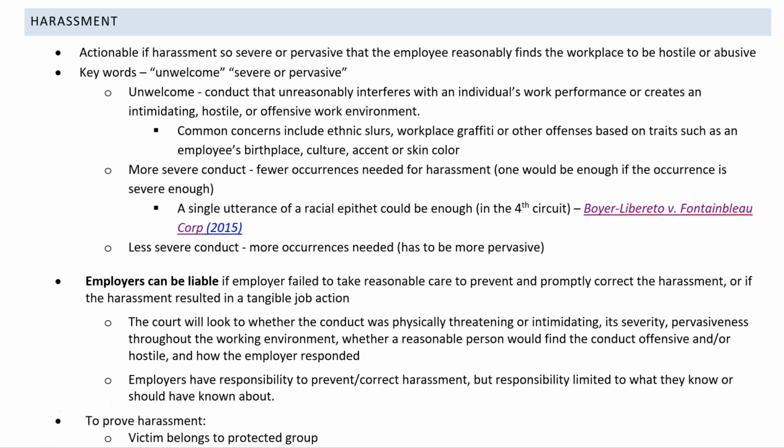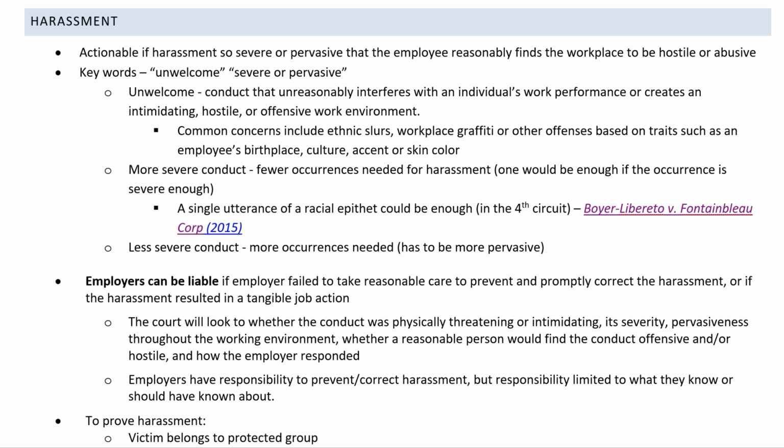Then we shift gears a little bit again to talk about harassment. So harassment can take place based on any of the protected classes that we'll study in this course. And it can be actionable. And then whether or not certain factors come into play can depend on what protected class we're talking about, how severe or pervasive is this behavior in order to prove harassment.